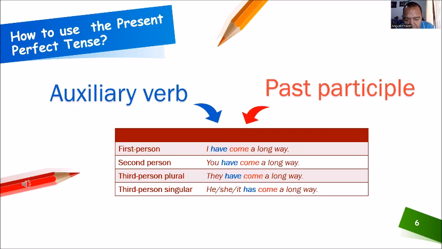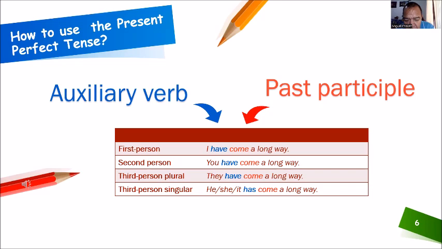The past participle is often the same form as the simple past form of the verb, unless it's an irregular verb with a unique past participle form. Only the auxiliary verbs are conjugated to fit the subject-verb agreement in the present perfect tense. The past participle of the main verb remains the same no matter what the subject is.